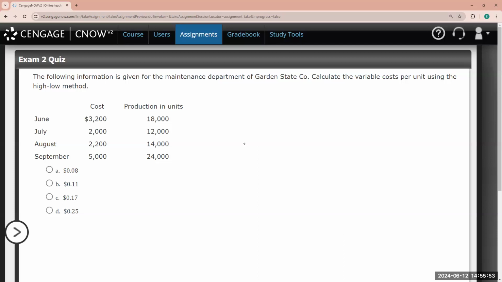Highest cost minus the lowest cost, divided by highest units minus the lowest units.